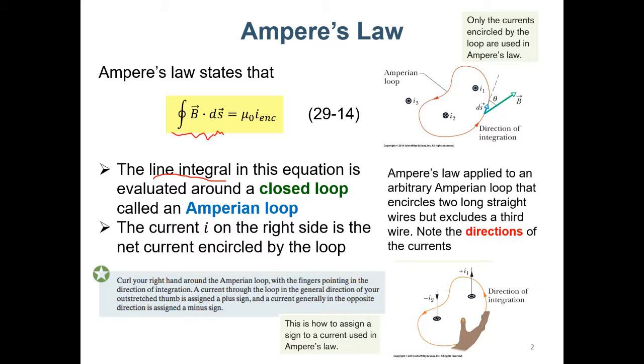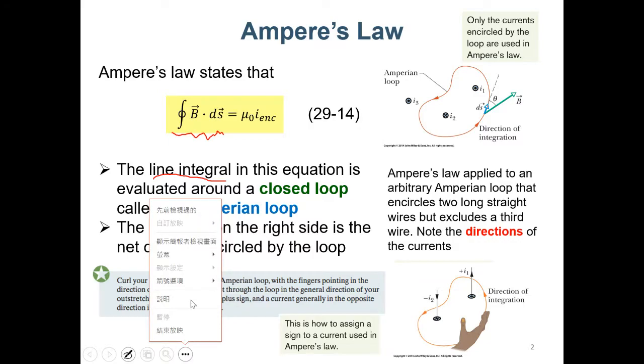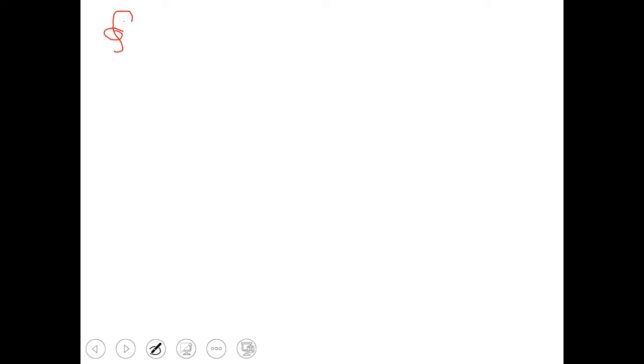Usually in math books, the notation would be more specific. For Gauss's law, you write it something like this.